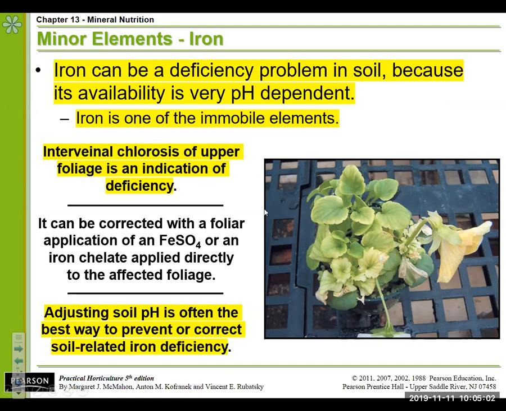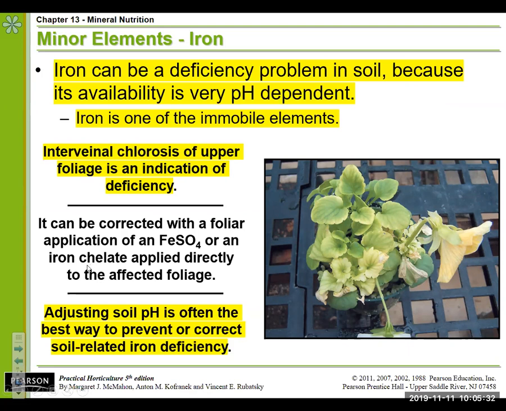So we see that in the pansy here. The new leaves are basically devoid of iron, and we're seeing that interveinal chlorosis. So we can apply a foliar application of iron. Since it's immobile, it's important to put it basically where it's needed. We can do a foliar application, and you see this term chelate here.